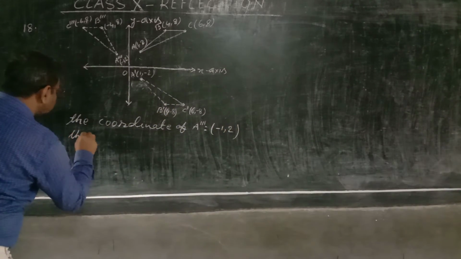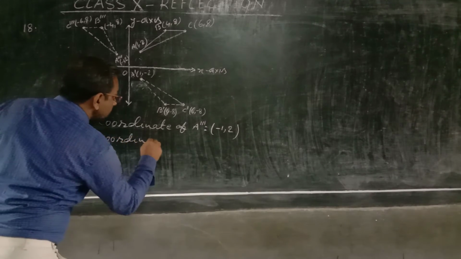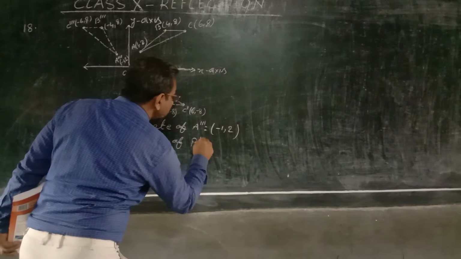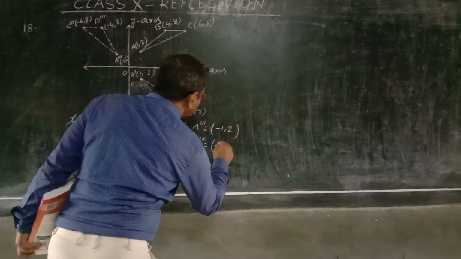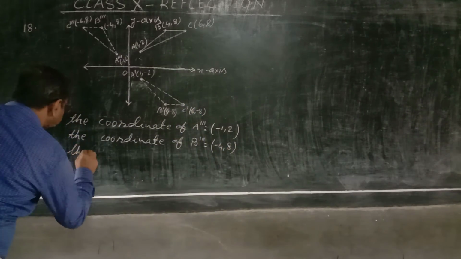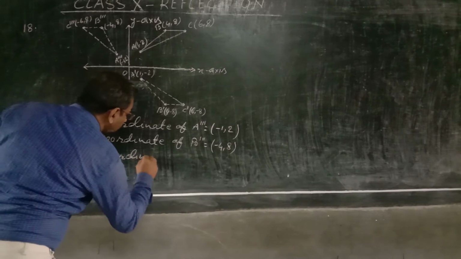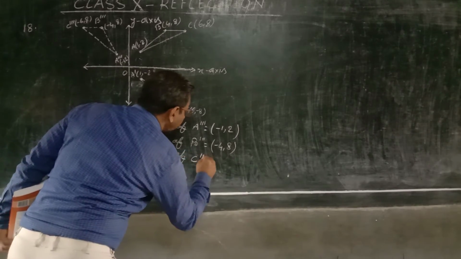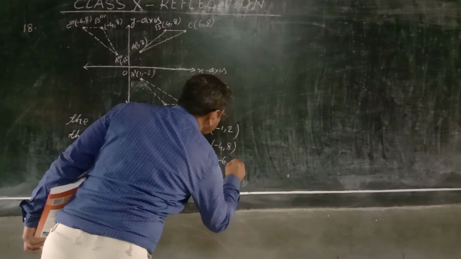The coordinate of B triple dash is equal to minus 4 and 8, and the coordinate of C triple dash is equal to minus 6 and 8.